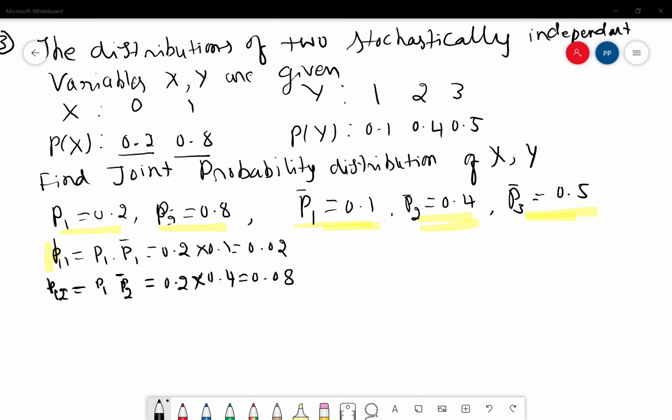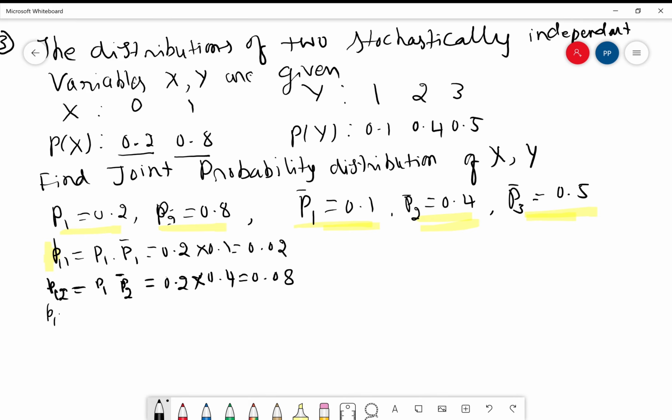Now P13 equals P1 into P3 bar, which is nothing but P1 is 0.2 and P3 bar is 0.5, so you are getting 0.1.